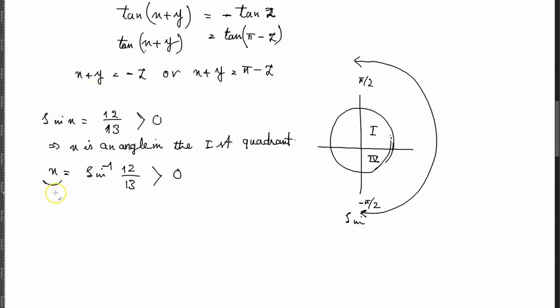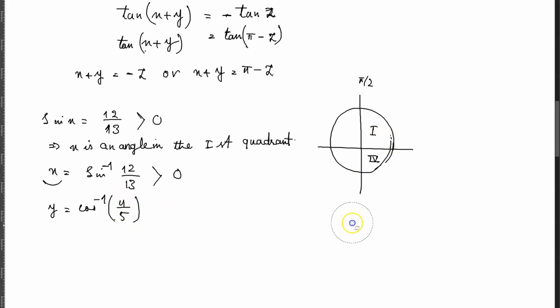Now, y, basically we said that y is equal to the cos inverse of 4/5. The range of the cos inverse function is always between 0 and pi.